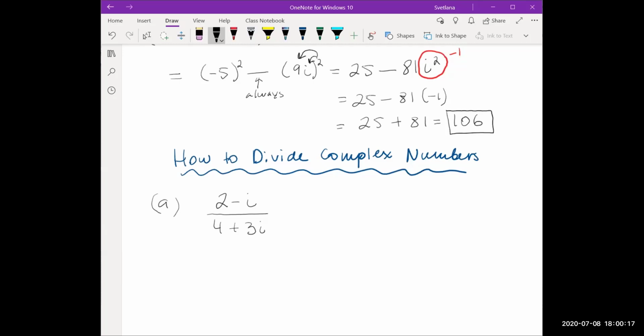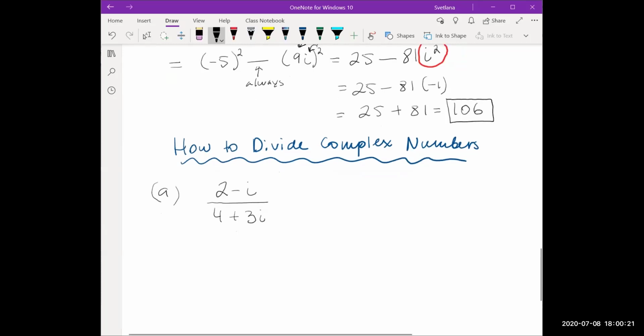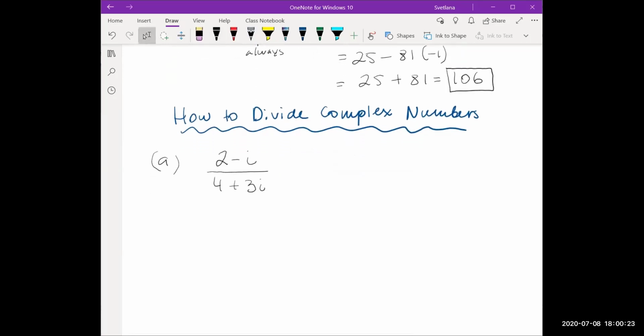To divide two complex numbers, in the first step, we're going to multiply the numerator and denominator by the complex conjugate of the denominator. So it sounds a little complicated, but think this way. I want to have just a real number on the bottom.